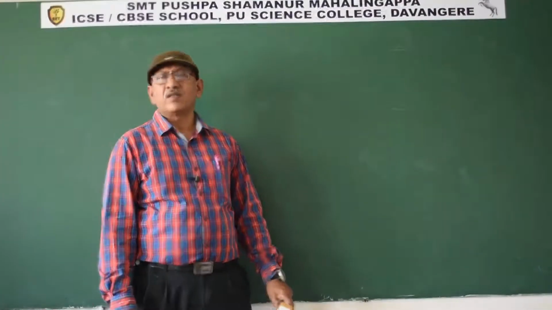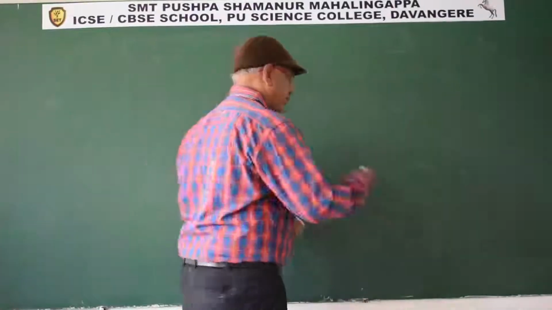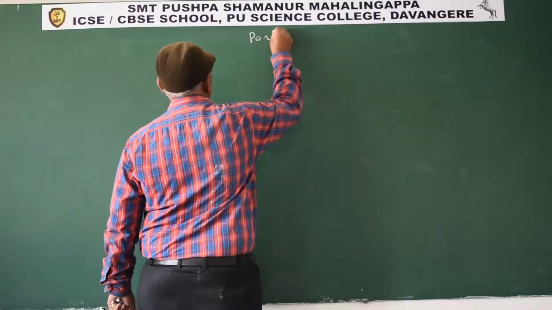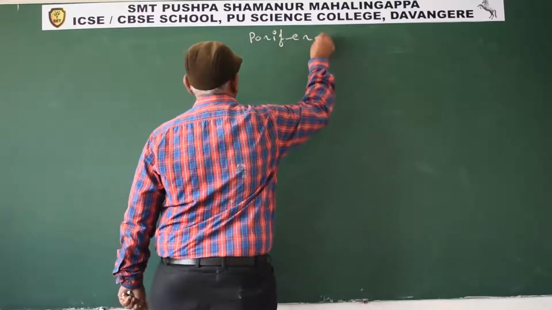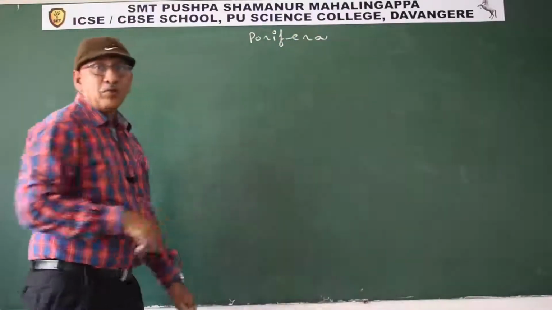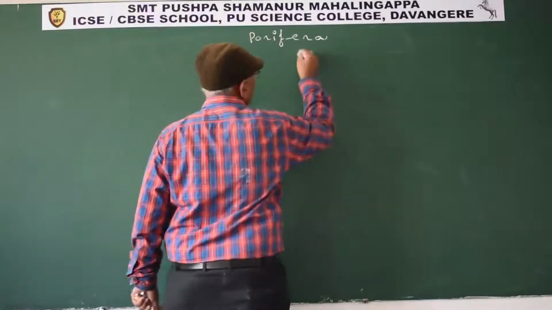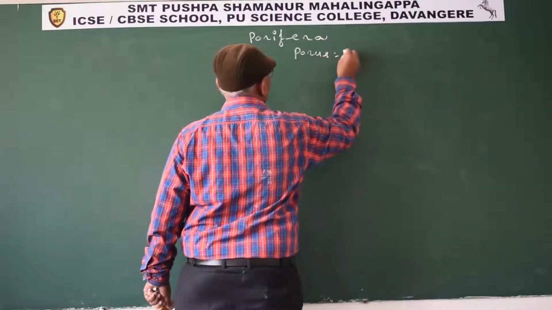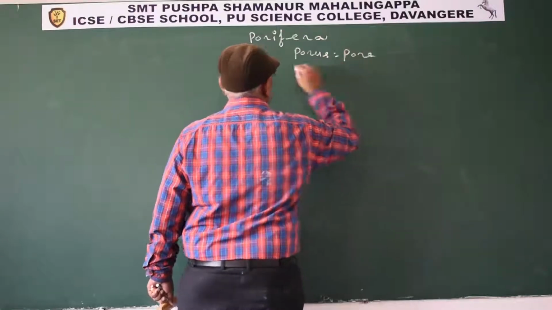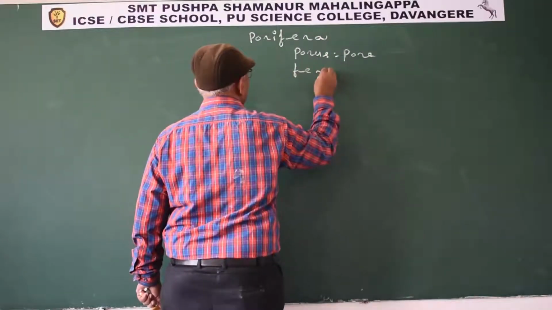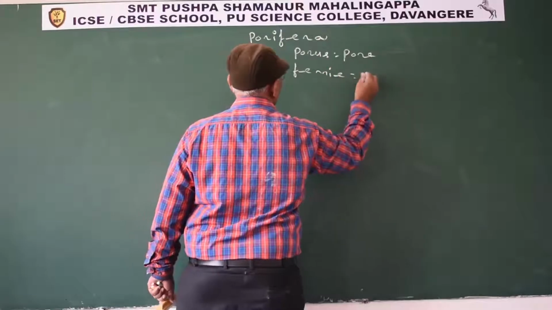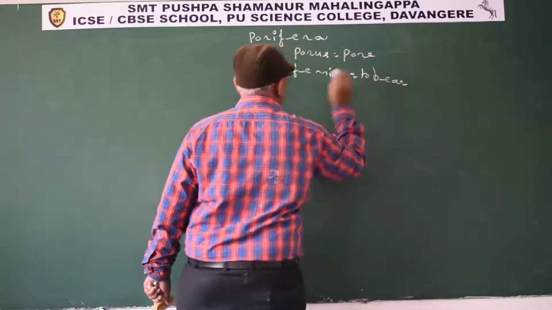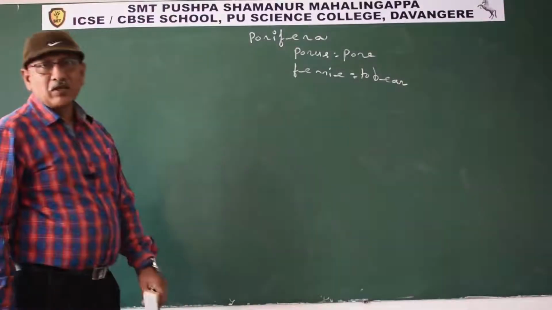Now we discuss phylum Porifera. It is derived from two Greek words. Porous means pore, ferre means to bear, meaning pore-bearing animals.